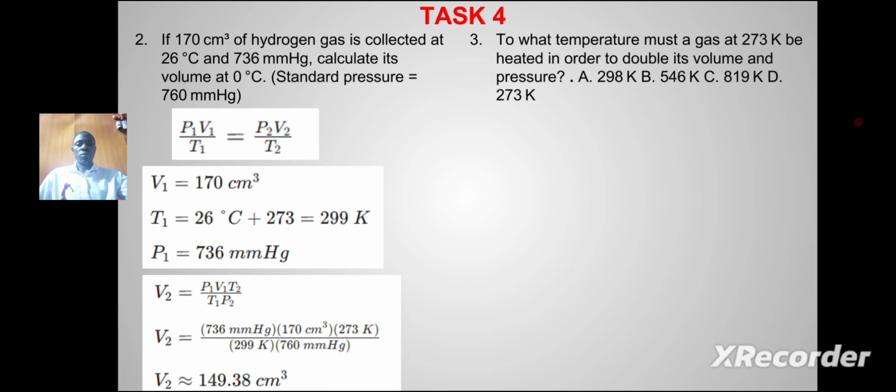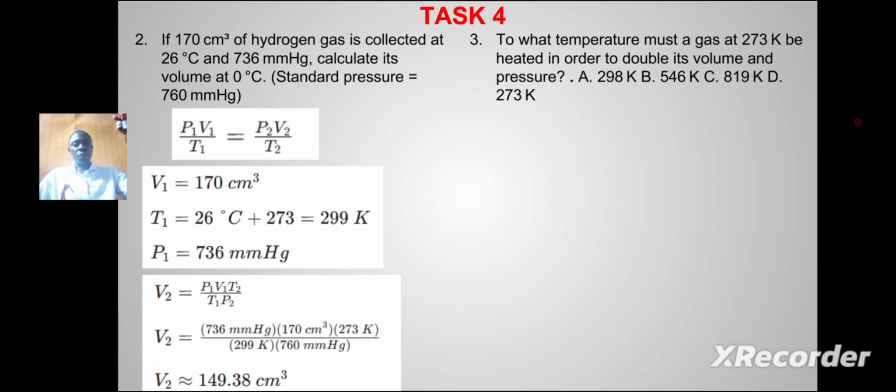Let's go on to the second set of values. We're trying to calculate the second volume, V₂. From the general gas equation, once you make V₂ the subject of the formula, you get V₂ is equal to P₁V₁T₂ over T₁P₂.